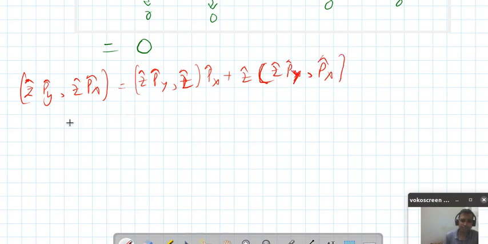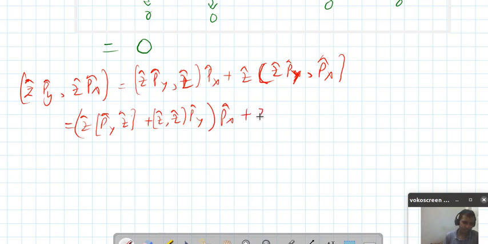Now expand these: it is z py, it is z plus z z py, and this px is here, plus z py px plus z px, and it is py.